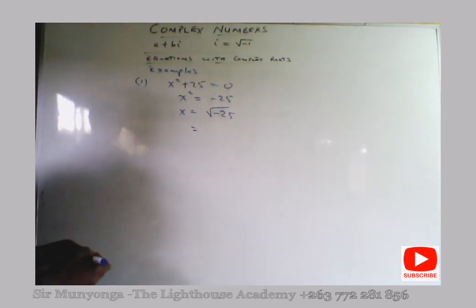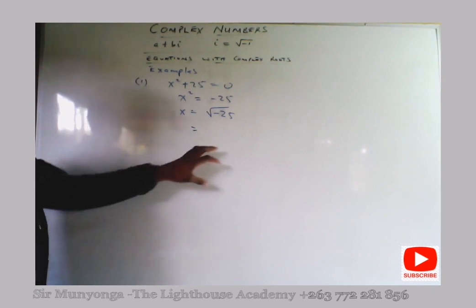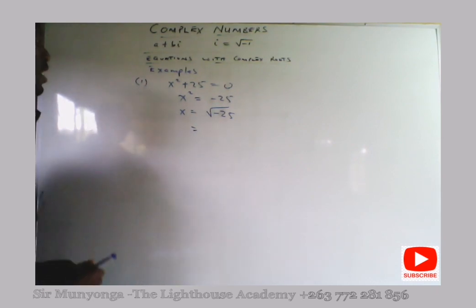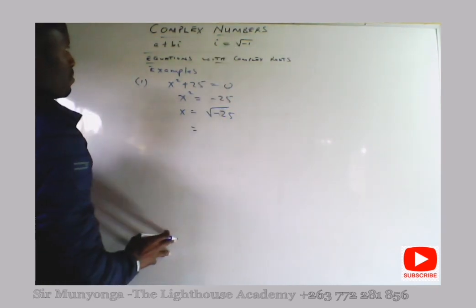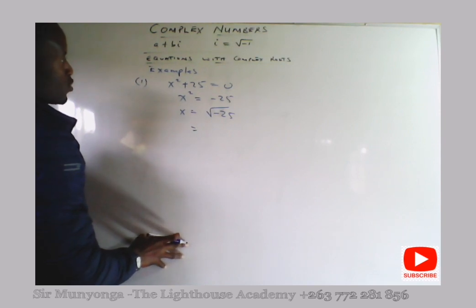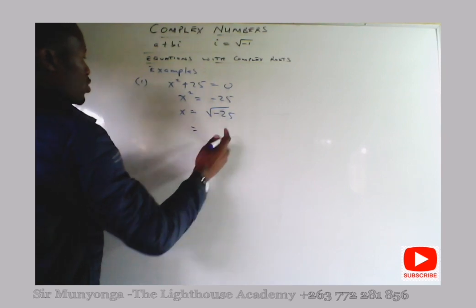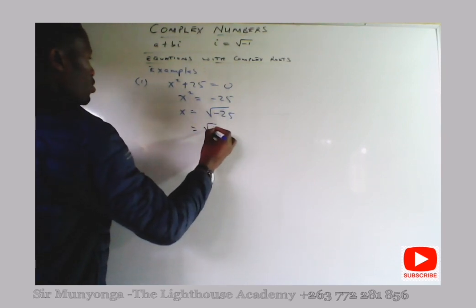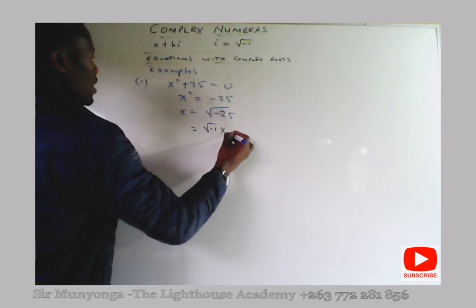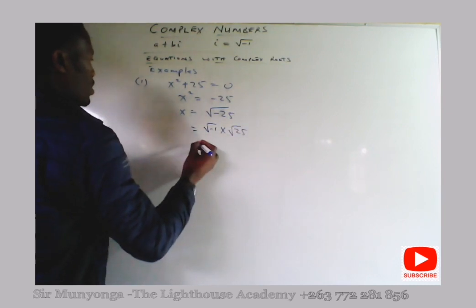So prior to the learning of complex numbers, you would say this cannot be found. But now we have introduced complex numbers, where we now have the square root of minus 1 being given as i. So minus 25 can be written as root minus 1 times root 25.